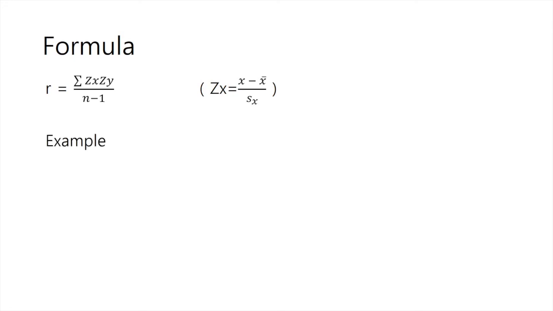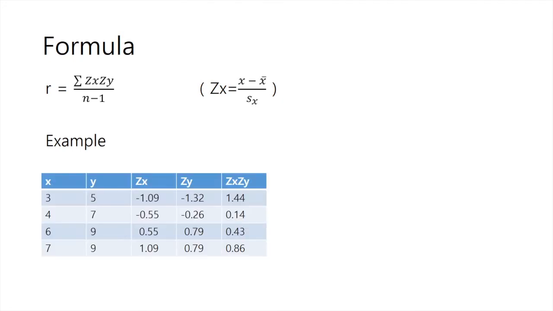To give an example, same as the previous formula, to calculate an R, we'll have to draw a table which looks like this, quite similar. Where x and y will be given, we'll have to calculate zx, zy ourselves and multiply them together to derive zx zy.